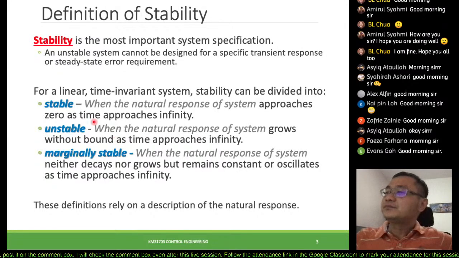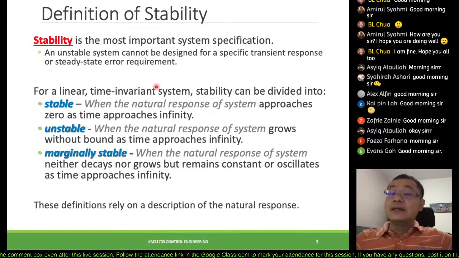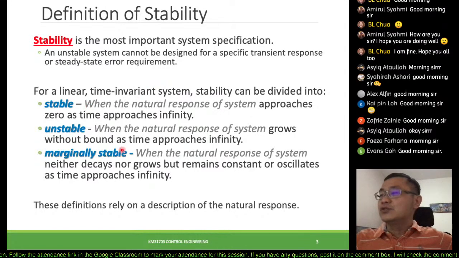So for a linear time invariant system, stability can be divided into these three types.